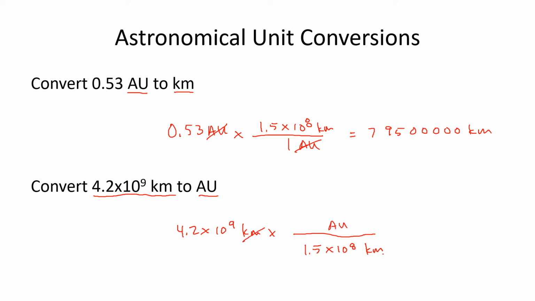You can see the kilometers cancel out. On my calculator: 4.2 times 10 to the 9th divided by 1.5 times 10 to the 8th equals, and I get, ooh, bang on, look at that, 28 AU. So there you go. Hopefully you can use your calculator and get the same results.